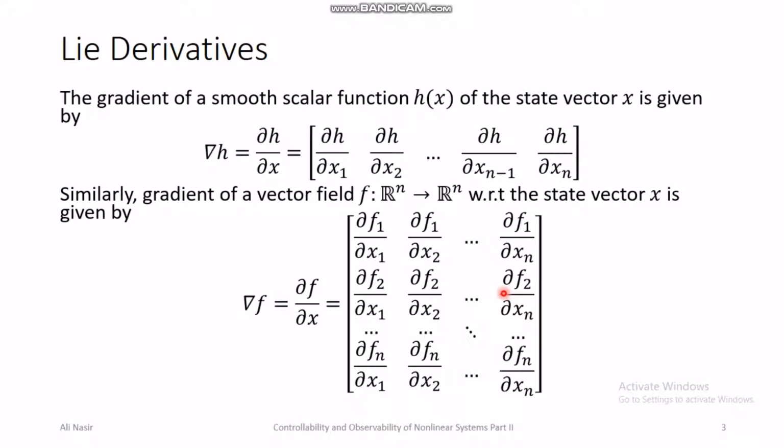So each row is the derivative of a particular component of this field f with respect to all components of the vector x. Similarly, the last row would be the partial derivative of the last component of f with respect to each of the components of the vector x. So this is called the Jacobian matrix. So these are the gradients of scalar and vector fields.